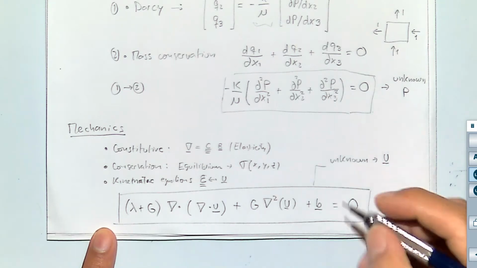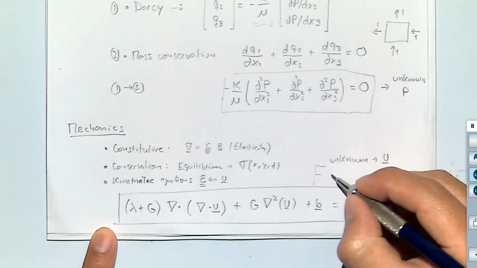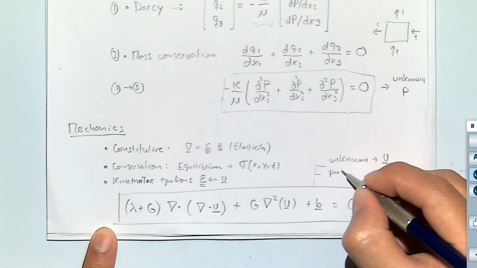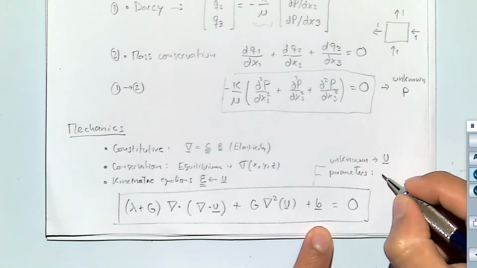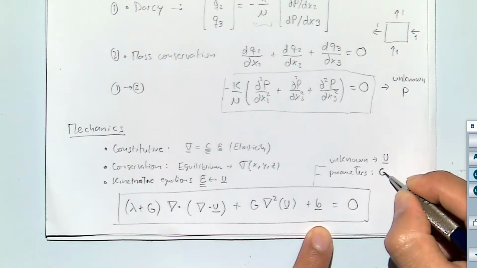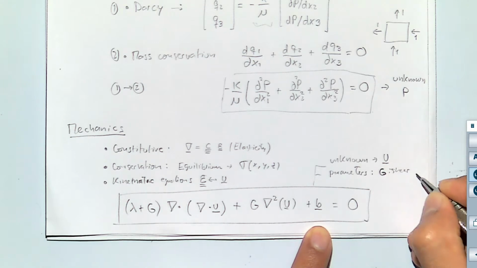You have some parameters, like G. What is G? It's a shear modulus.